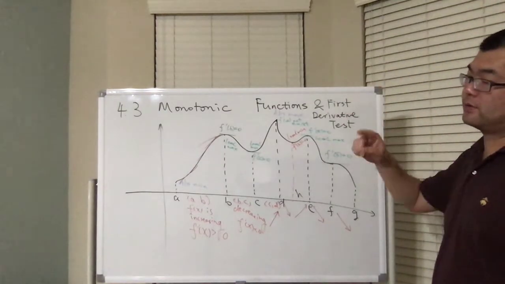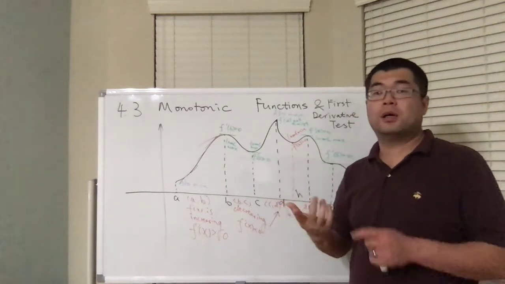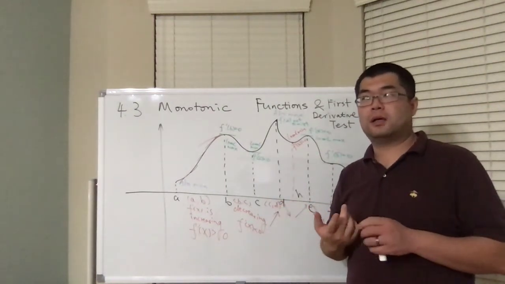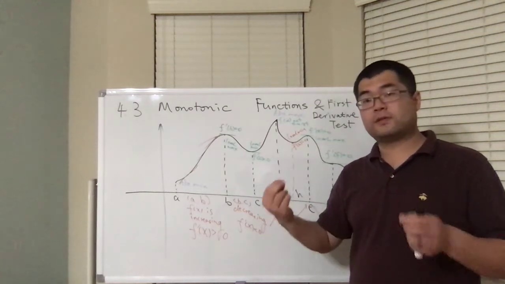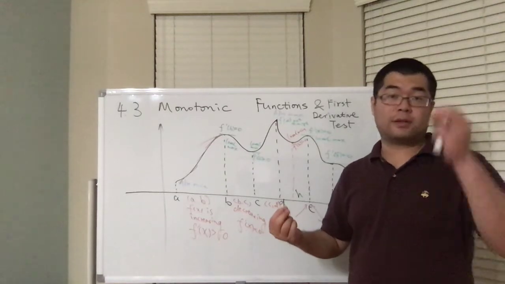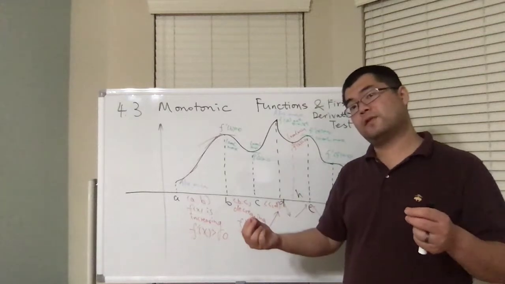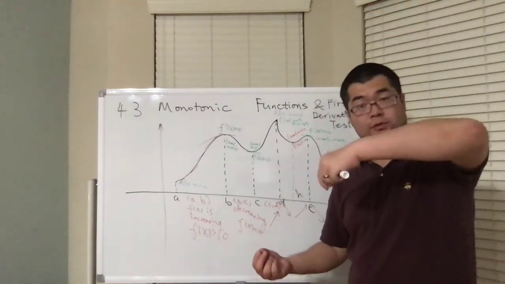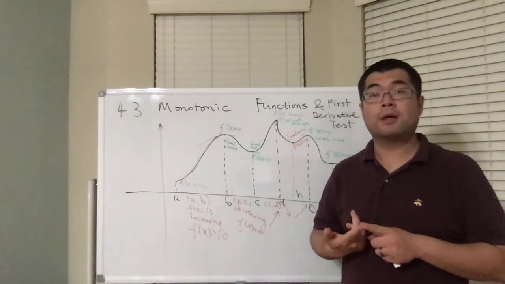If you have a critical number and on the two sides of it the derivative changes, from positive to negative, that means it goes up and then down, and you're going to have a local maximum.